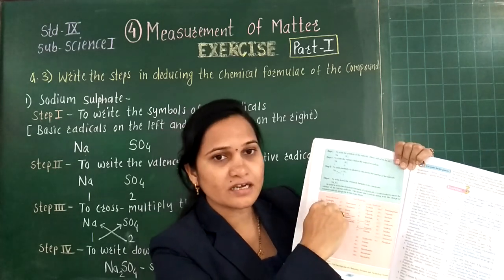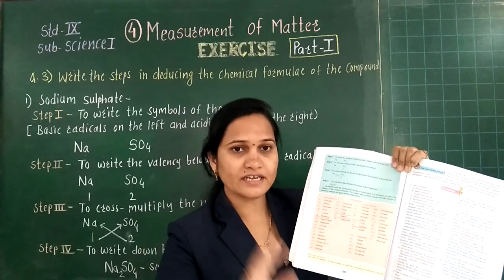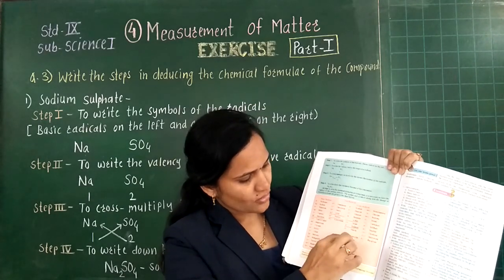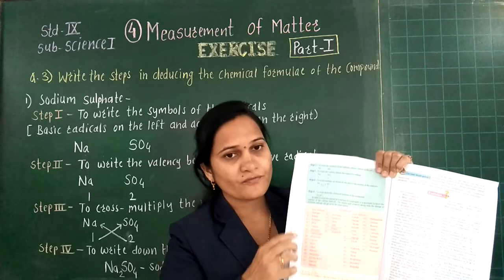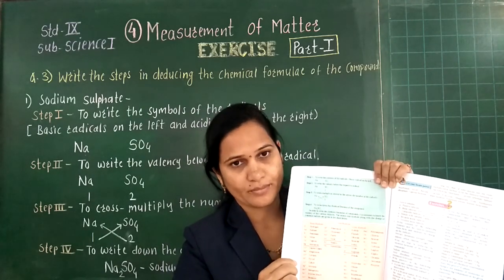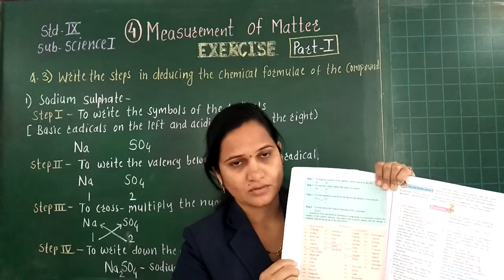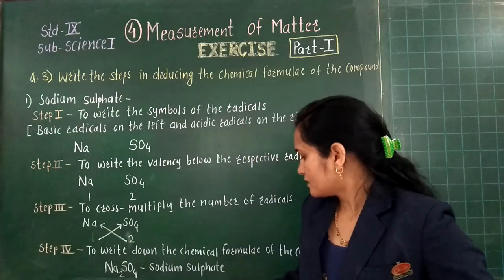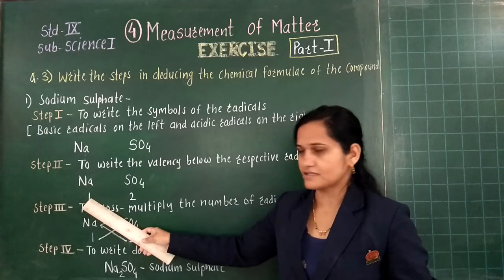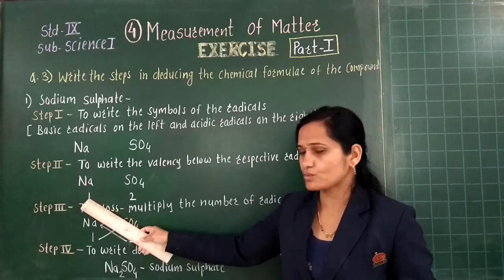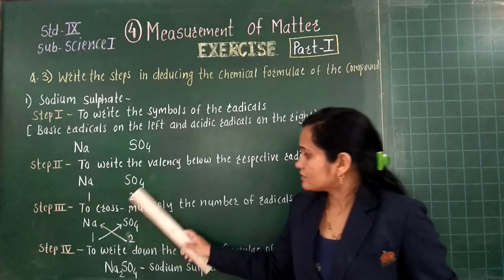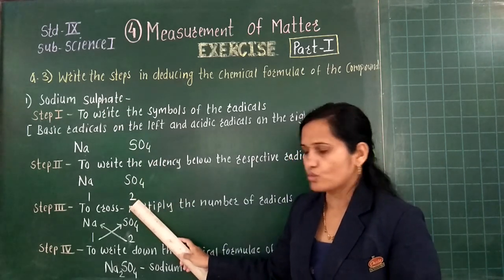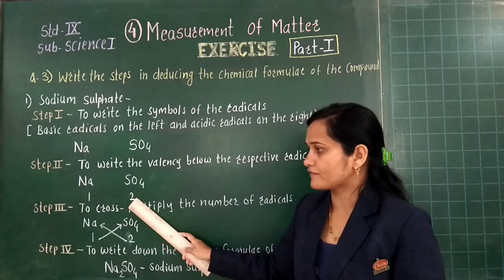Now by seeing the positive charge and the negative charge, we can understand the valencies of that compound or element. So by using this chart, you can easily write the valencies for the radicals. Sodium valency is 1, and the second one, sulfate, valency is 2. So mention it below it.